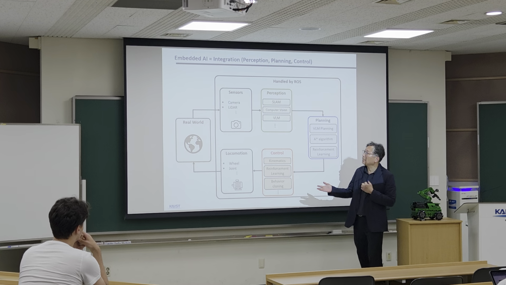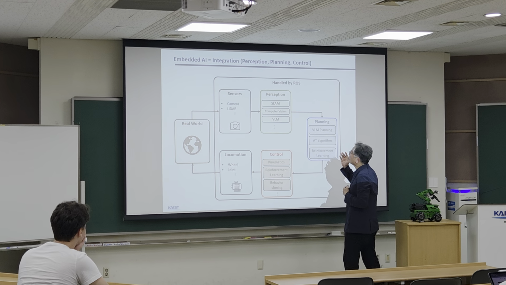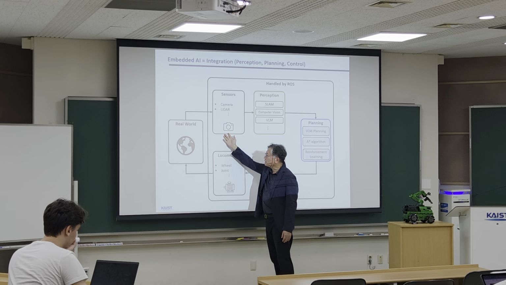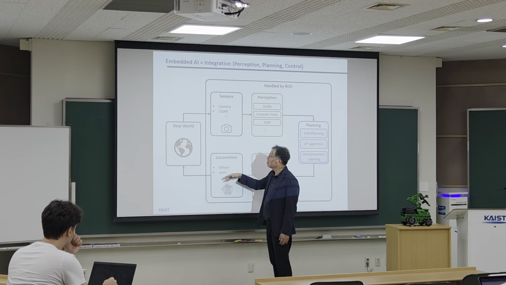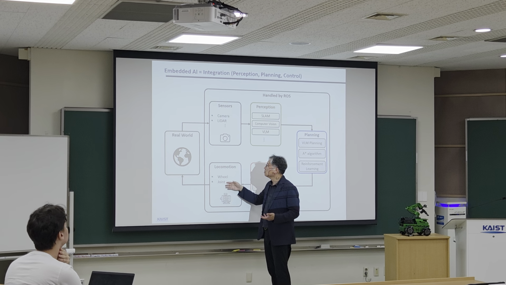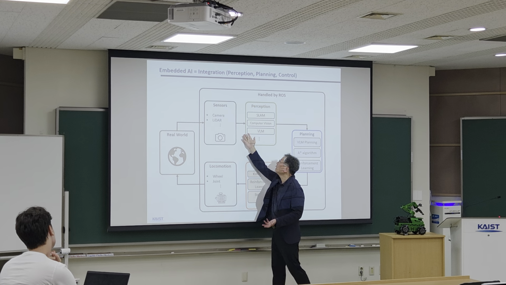Physical AI, embedded AI, which is integration of perception, planning, and control. So in the real world, there are going to be sensors, there are going to be machines to take you places, wheels, joints, motors, and so forth.